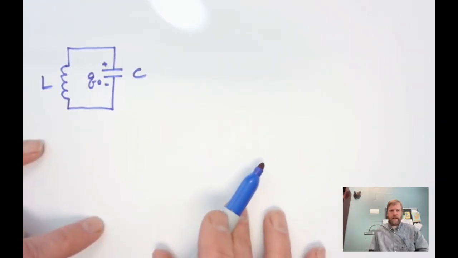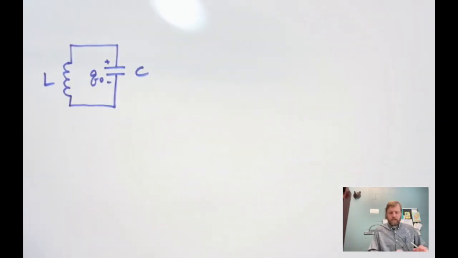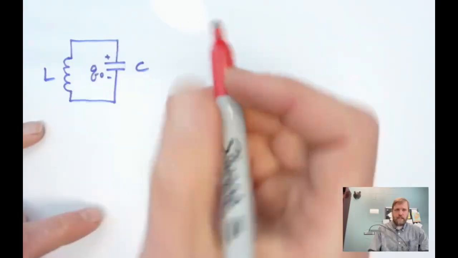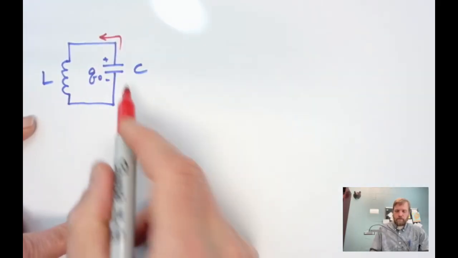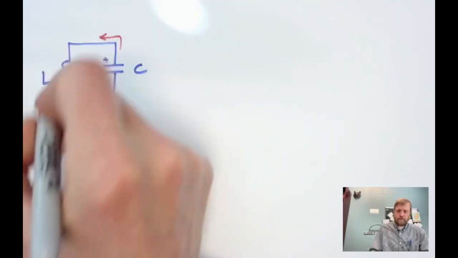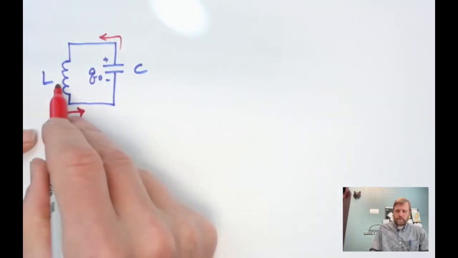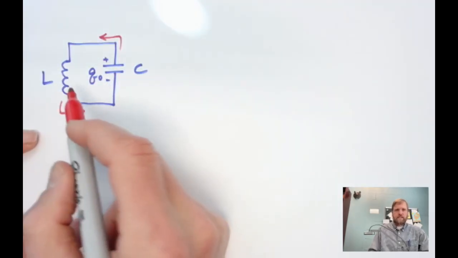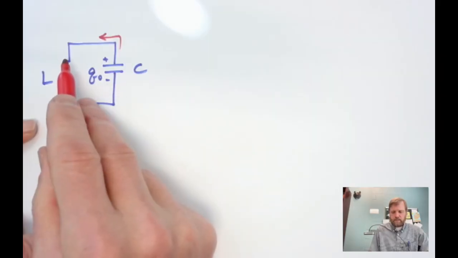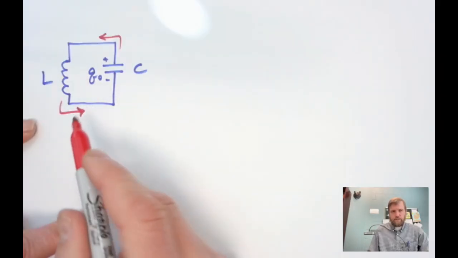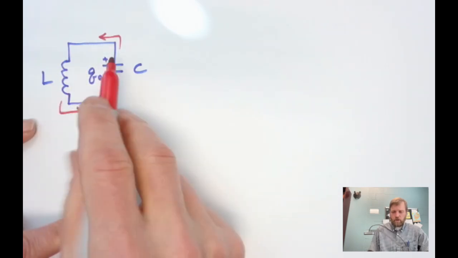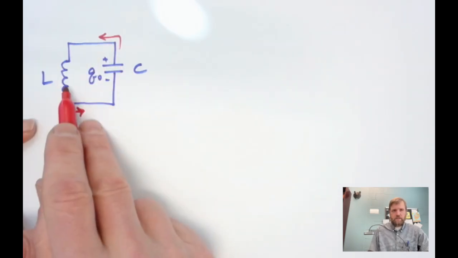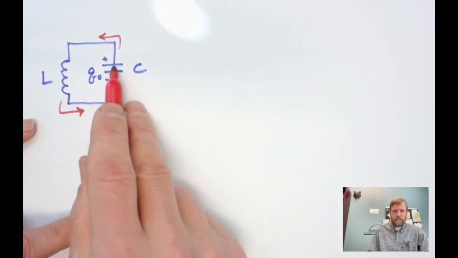So what's going to happen is the capacitor is going to want to send energy this way, or send current this way, and the inductor is going to resist that, right? It's going to resist it because it's going to be building up its magnetic field. So at some point, all of the energy will be transferred to the inductor, and the capacitor will be emptied of its energy.